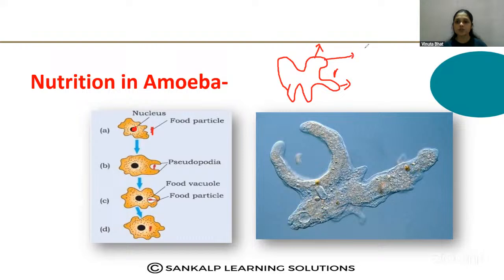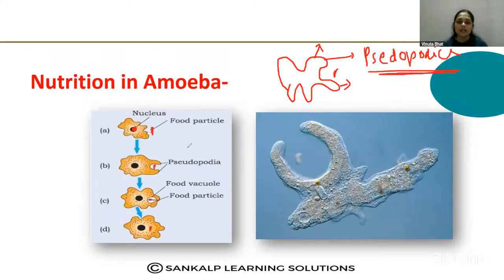That is called pseudopodia. Pseudopodia are outgrowths which change shape, finger-like outgrowths. By moving these outgrowths, the amoeba is able to move. That is called pseudopodia, also called false feet.